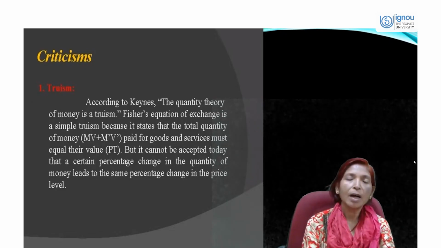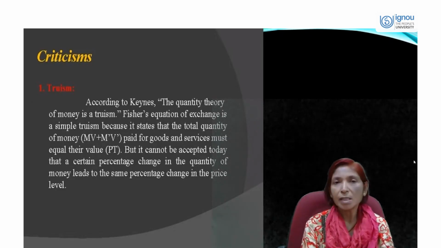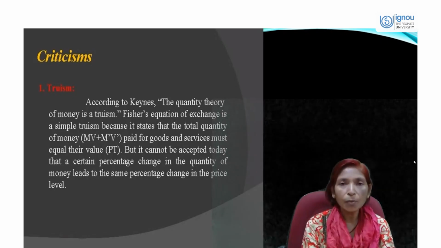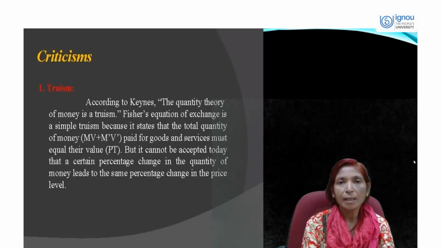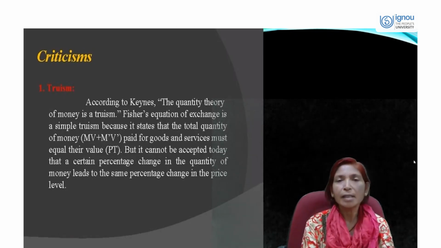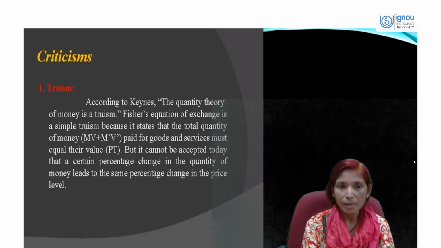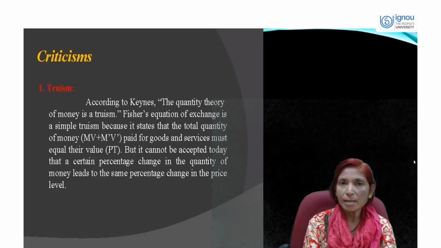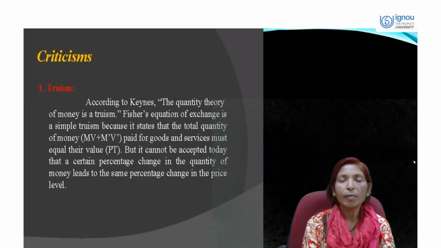If money supply halves, then price level will also halve. It is not true or accurate. It is not accepted by Cambridge University's economists. And practically, if you see, it's not always true.